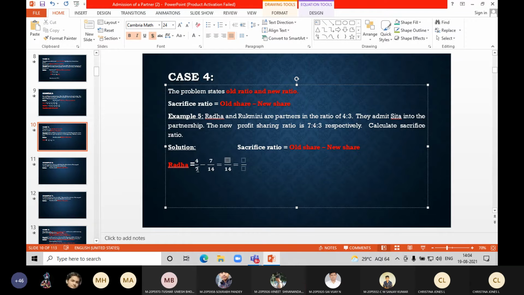So 7 into 2 is 14, and 4 into 2 will be 8. 8 minus 7. Next, 14 into 1 is 14, so 7 into 1 is 7 itself. So the answer will be 1 by 14. Okay. Next is Rukmini.